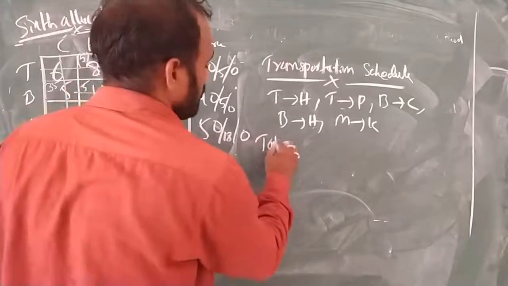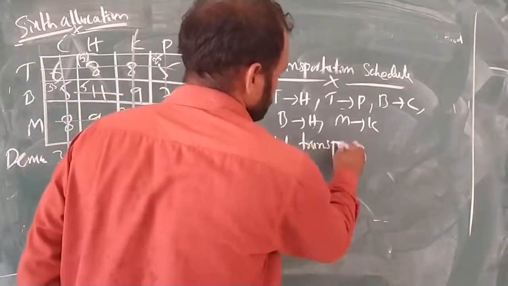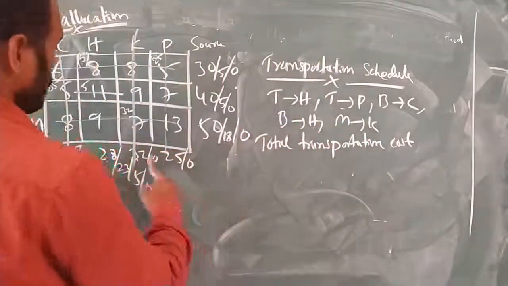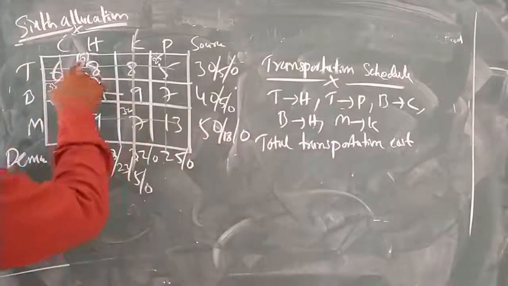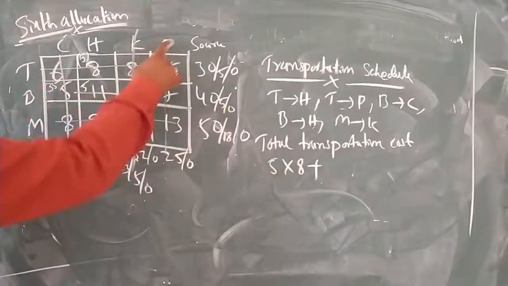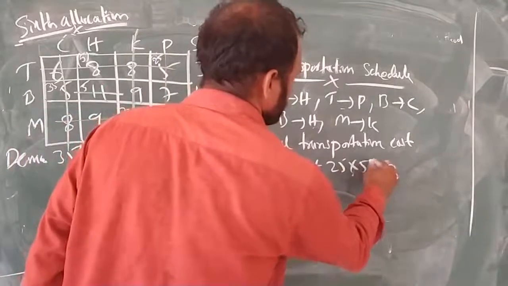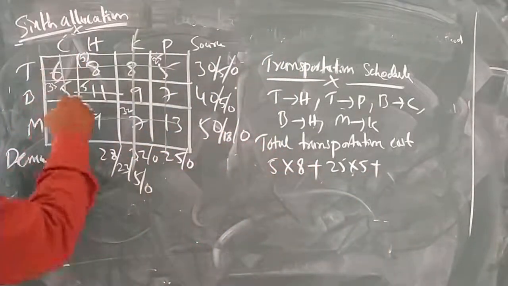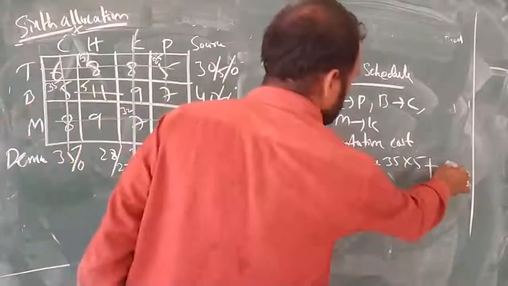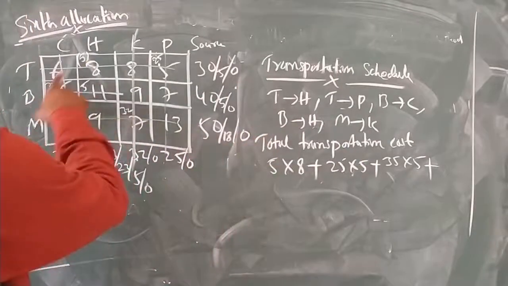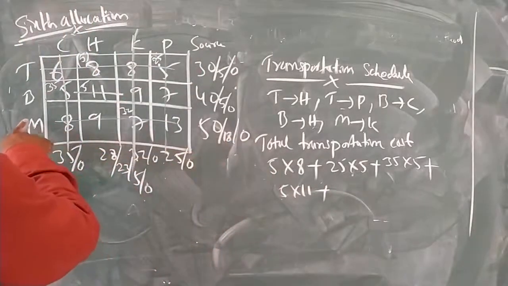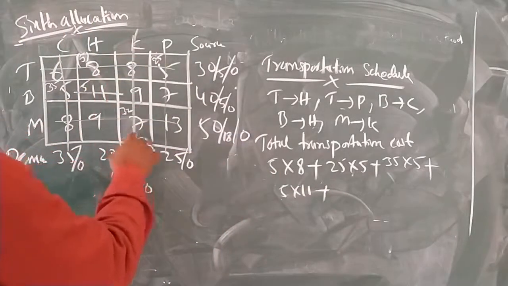So let me write here the total transportation cost. The total transportation cost is T to H, how much here? 5 into 8, plus T to P, 25 into 5, plus B to C, 35 into 5, plus B to H, how much? 5 into 11, plus M to K, 32 into 7.